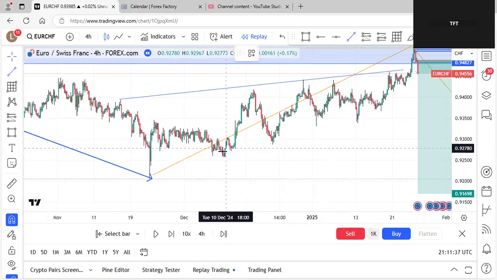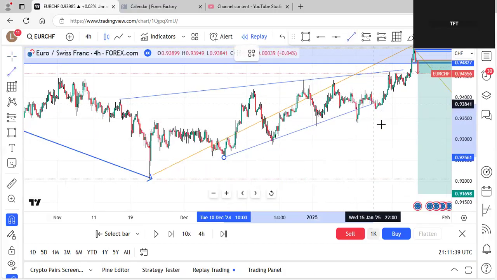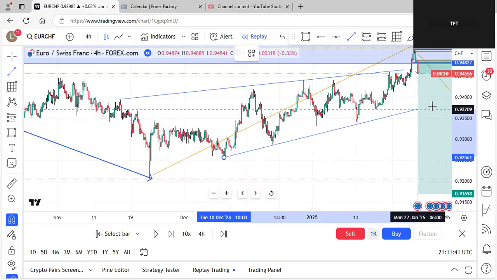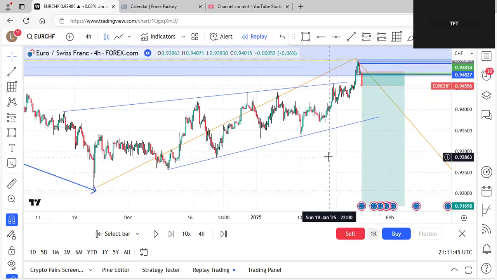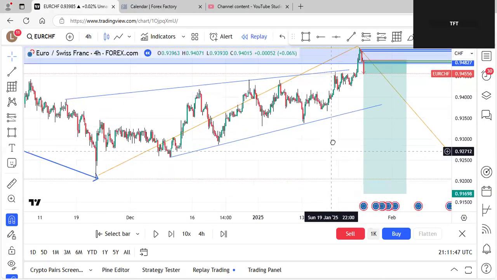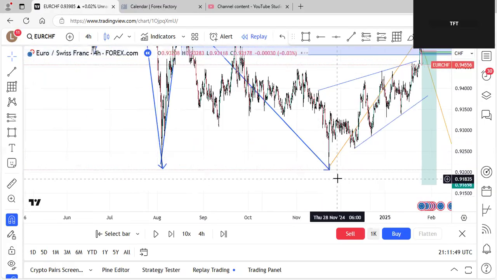Possible trend line here. Trend line, yeah. So we've got that possibility. See anything else?